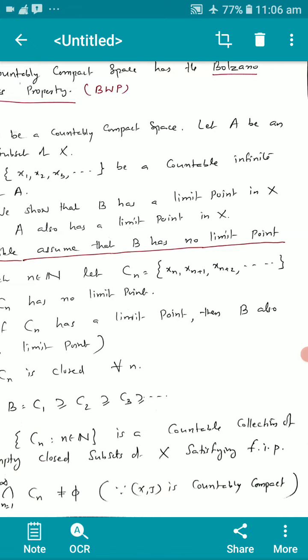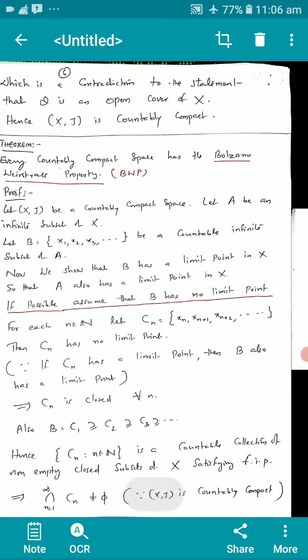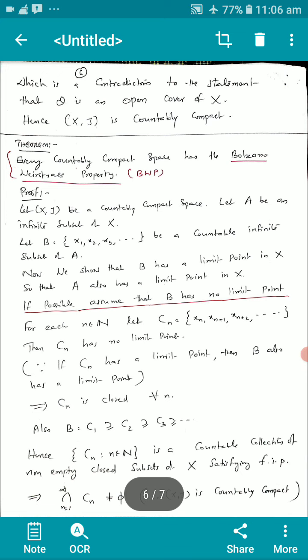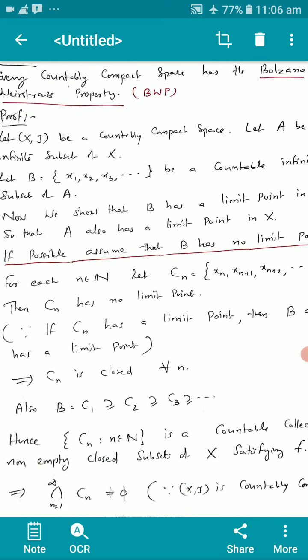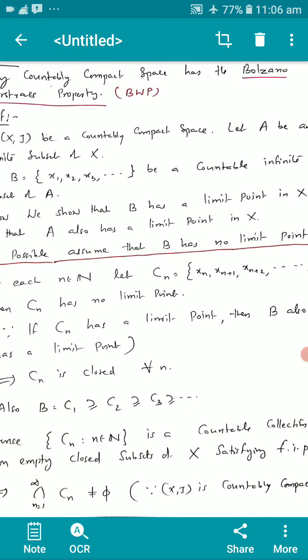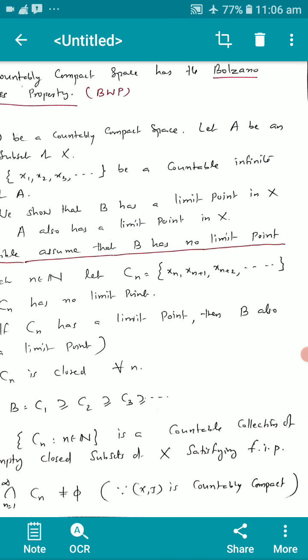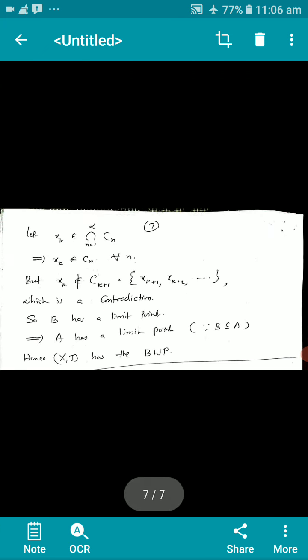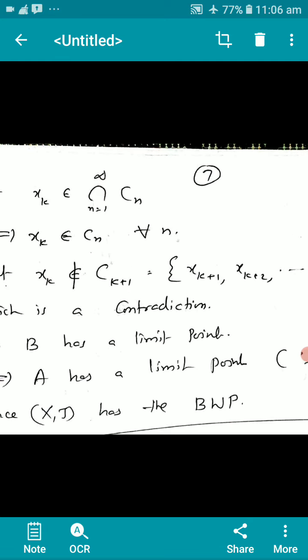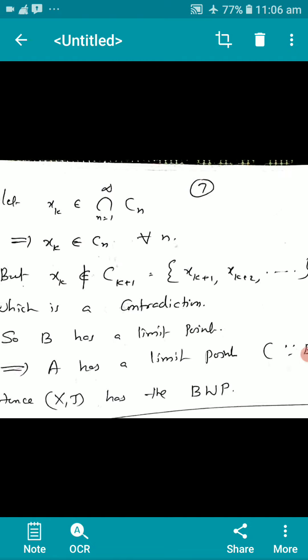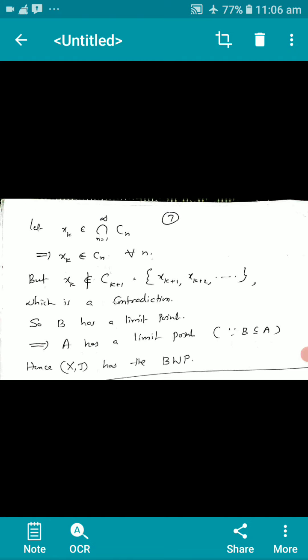Hence the collection C_n, n in N, is a countable collection of non-empty closed subsets of X satisfying FIP. This implies the intersection of C_n, n from 1 to infinity, is not equal to phi, since X is countably compact. Let x_k be an element of the intersection of C_n.